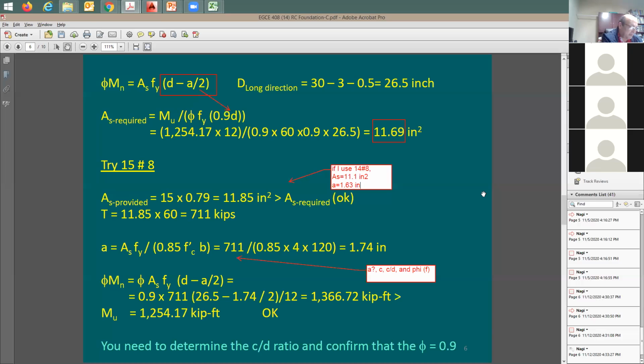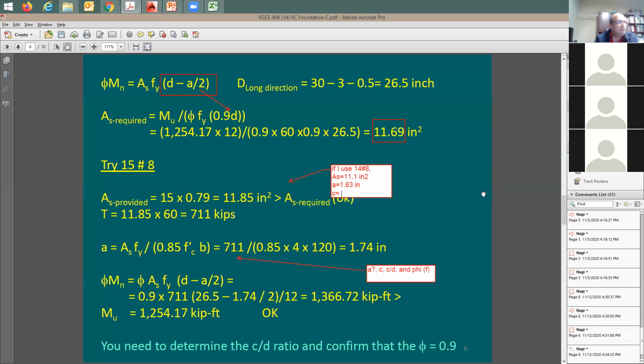Of course. So I'm going to say here, for Christina, can you tell me how much is C? C would be A, which was 1.63, divided by 0.85. Yes.